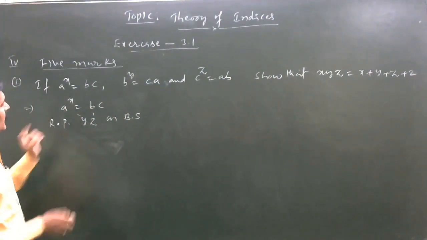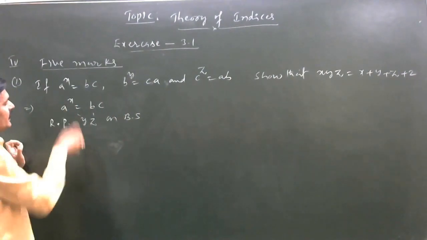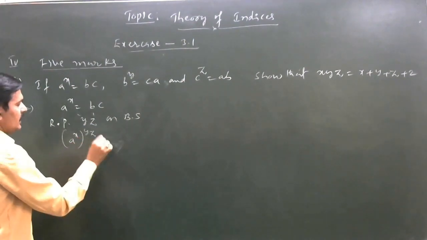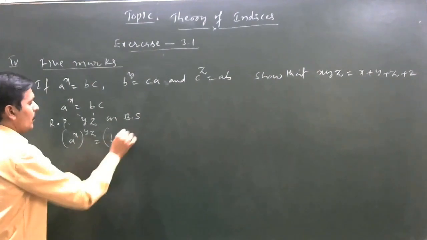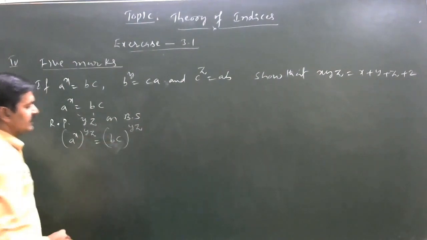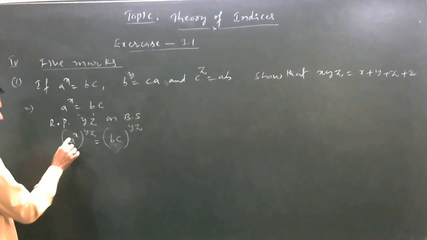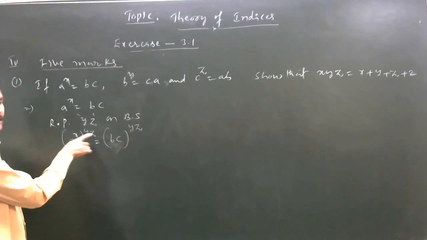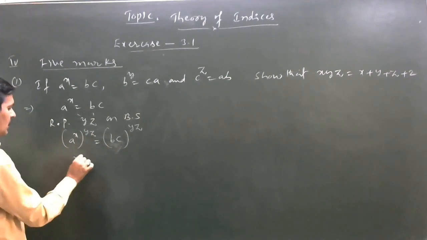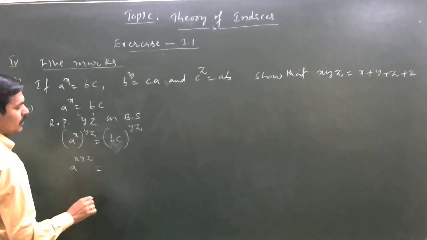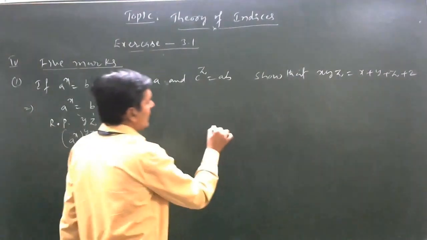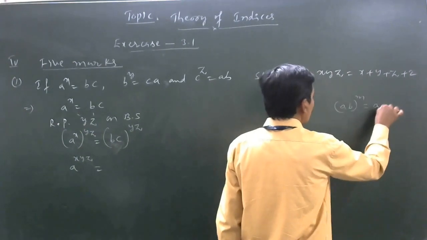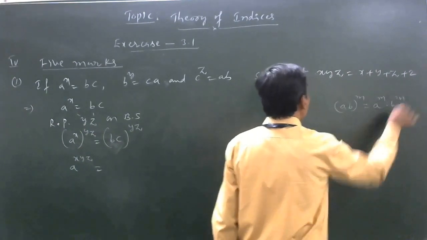Here only x is there, so raising to the power yz on both sides: a power x whole to the power of yz is equal to bc whole to the power of yz. Next, applying a power m whole power n means a to the power of m into n. Here a power xyz is equal to, applying ab whole power m means a power m into b power m, this power is applied to both terms.